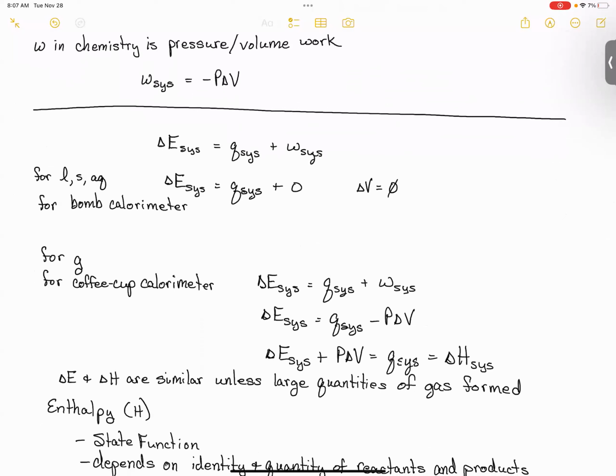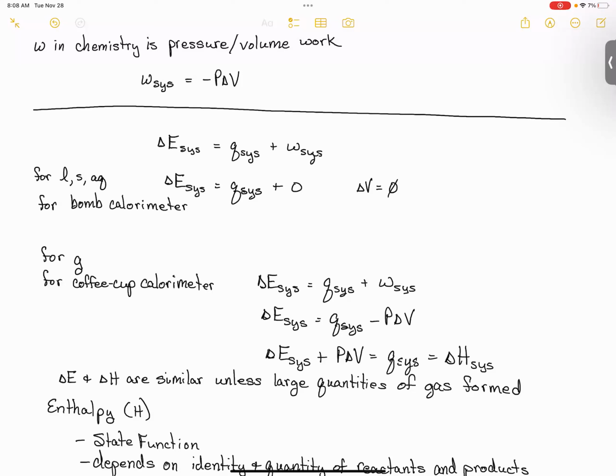However, when you're talking about gases, the generation of gases applies pressure on the system. I mean, that's what drives your vehicle, is the combustion of octane to form CO2 and water. Once you produce a lot of gases, those gases are going to apply pressure to the system.